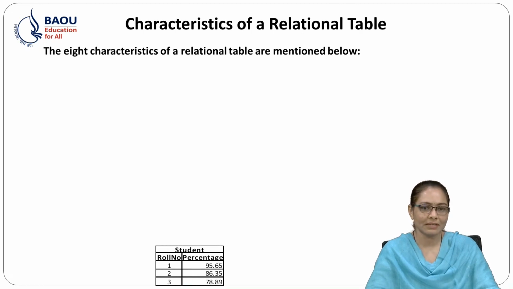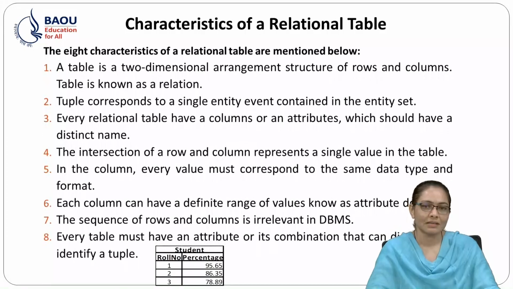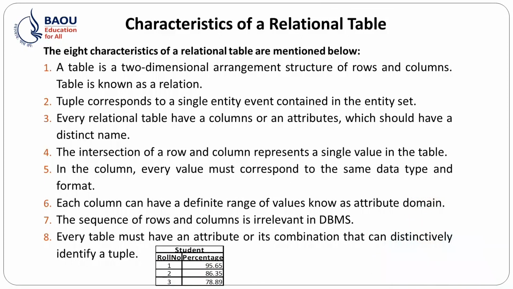The first one is the table is a two-dimensional arrangement structure of rows and columns. The table is also known as a relation. Simply, a table is a combination of rows and columns. Like in the figure, the student table has 2 columns and 3 rows.